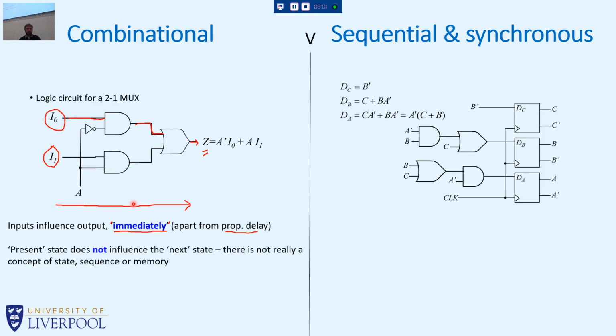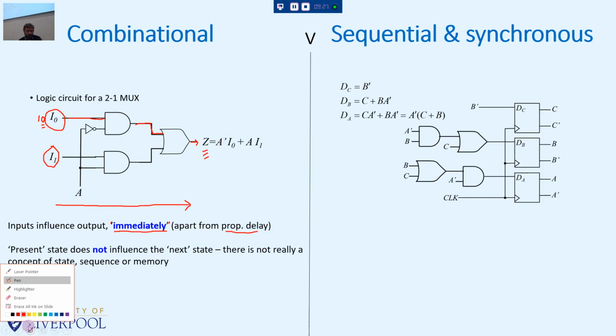There's not really a concept of state here. We just have kind of a continuous stream of outputs. So if we changed the value of these inputs, let's say I0 starts off being worth 1, but then later it changes to 0, well, that change will change almost immediately the value of the output, right, after a short propagation delay of the signal traveling through the circuit.